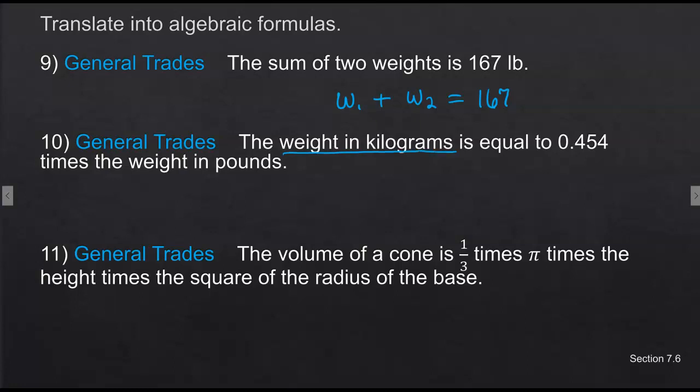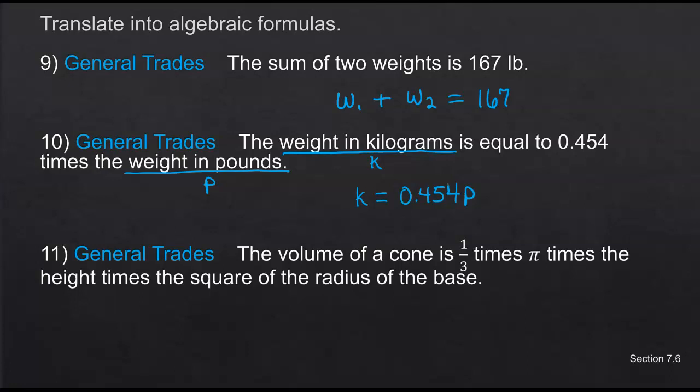So the weight in kilograms, let's call this K, and let's call the weight in pounds P. So the weight in kilograms is equal to 0.454 times the weight in pounds, and so we're just going to say times P. And when we write it right next to the P, that means multiply.